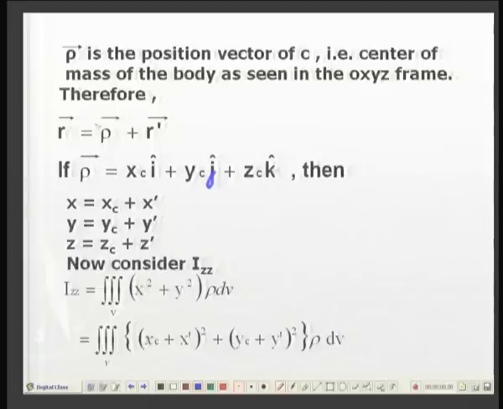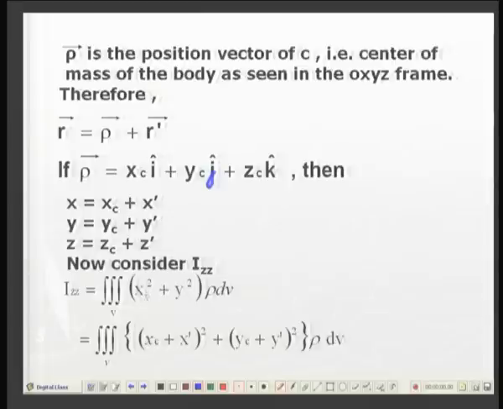Substituting for rho from here, we can easily check that the x coordinate in the new coordinate system is equal to the x coordinate of the center of mass plus the coordinate in the old coordinate system, that is x is equal to xc plus x dash, y is equal to yc plus y dash, z is equal to zc plus z dash.